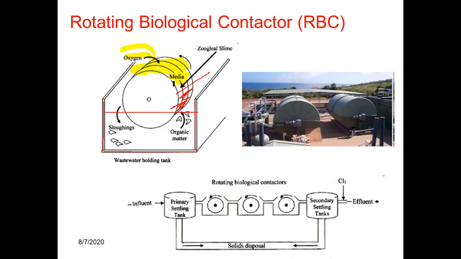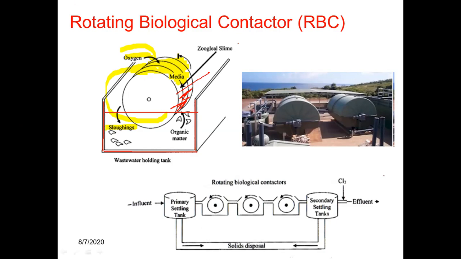Then there should be a stopping mechanism or cutting mechanism to remove the microorganisms with new cells. So likewise, we can rotate this RBC periodically.